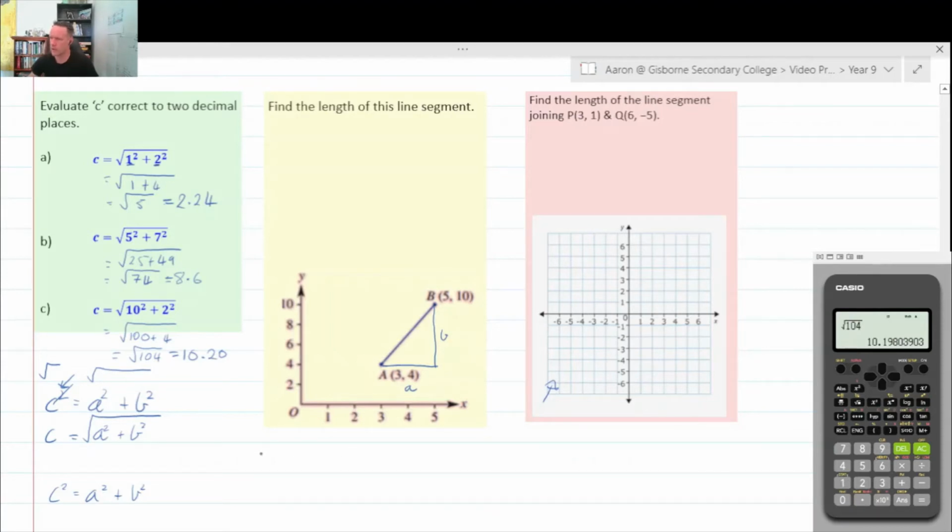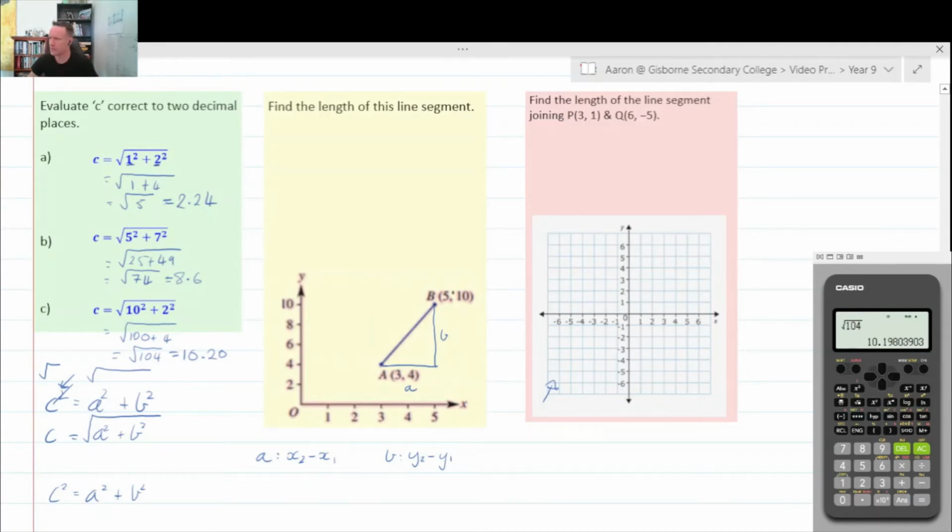All right, side A is made up of x2 take x1, and side B is made up of y2 take y1. All right, so we just find the distance from one to the other.